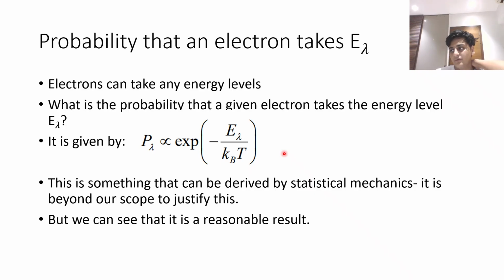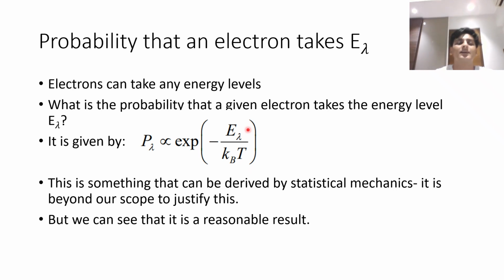But I just want to give you a flavor for why this is intuitive. Firstly, for E lambda itself, the higher the energy level you go, the lesser the chance that the electron occupies that particular energy level. Again, to be clear, this is the probability that a given electron occupies some energy level.